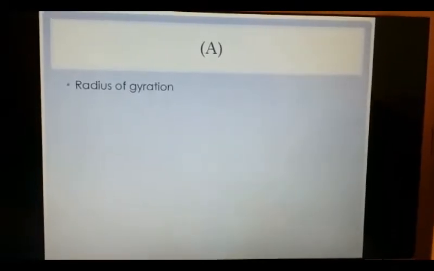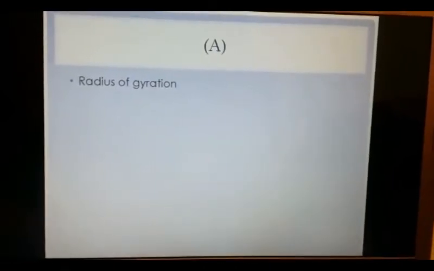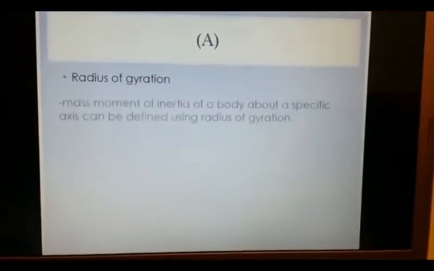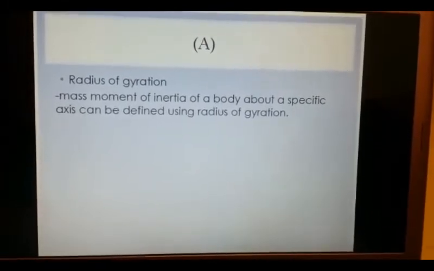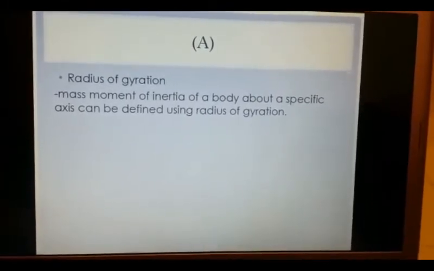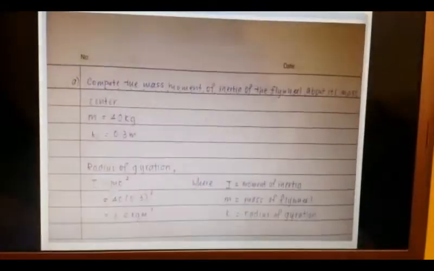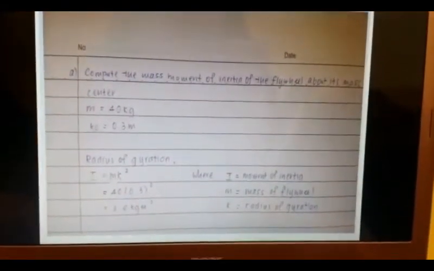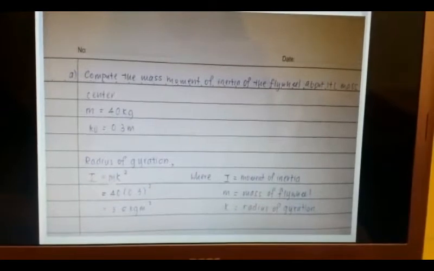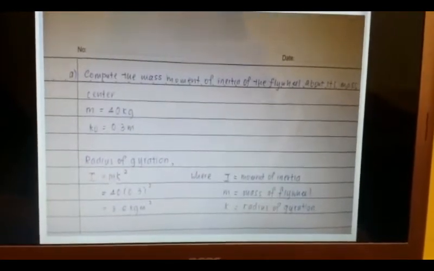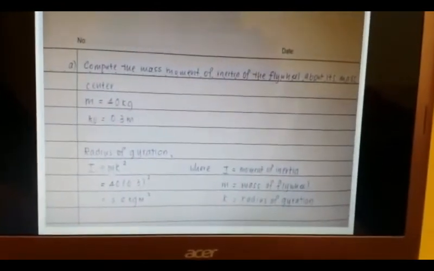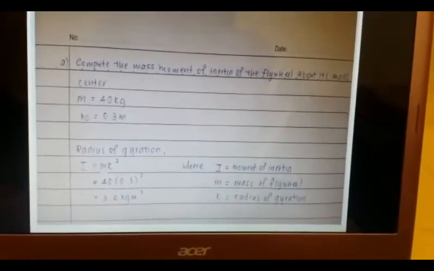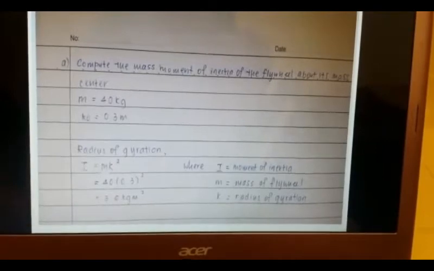We can see that the flywheel is inserted between the supports. For the first question, A, radius of gyration. What is radius of gyration? It is used to define the mass moment of inertia of a body about a specific axis. For the solution of A, compute the mass moment of inertia for the flywheel about its mass center. The mass is 40 kg and the radius of gyration is 0.3 meter.